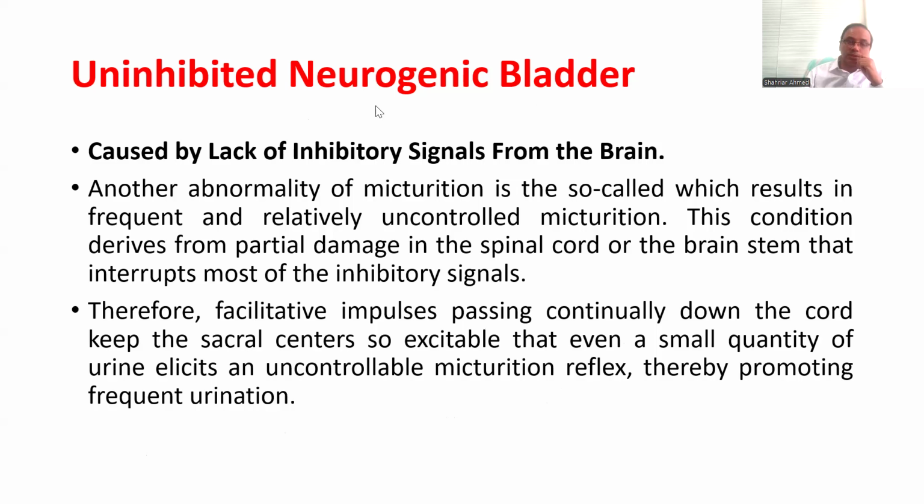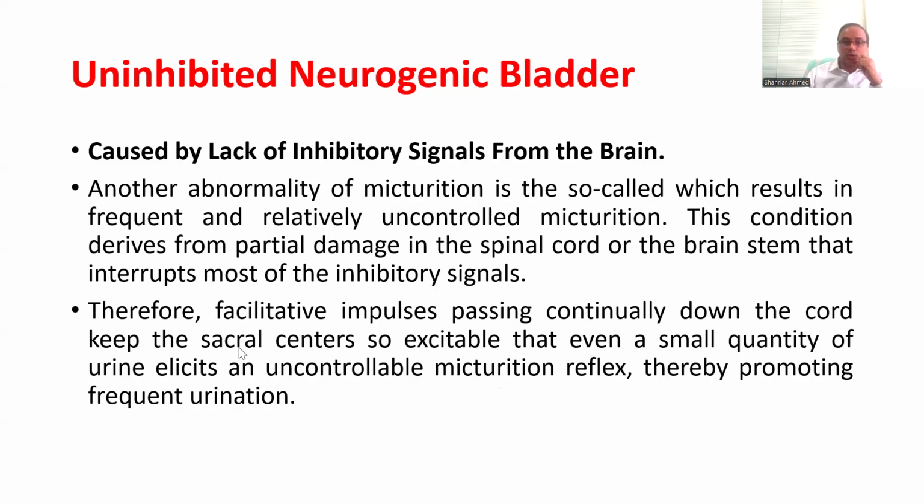Uninhibited neurogenic bladder. Uninhibited. So, facilitative impulses pass down the cord and keep the sacral centers very excitable, as this is not inhibited by the brainstem. So it is hyperactive.